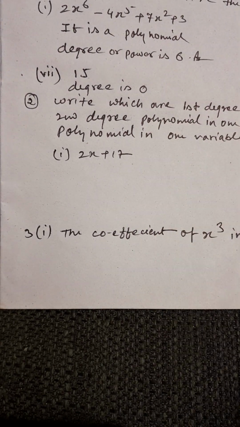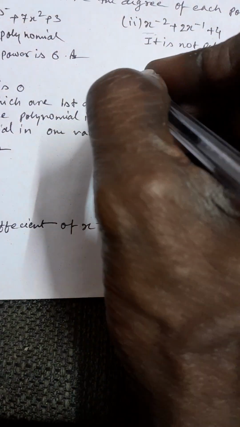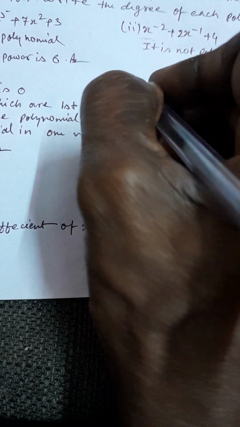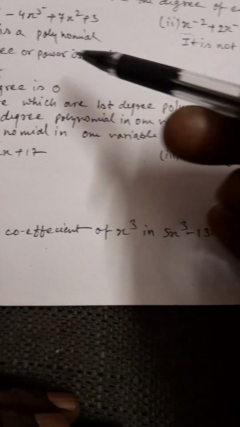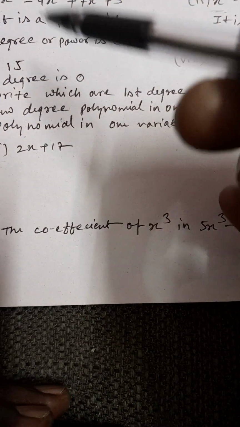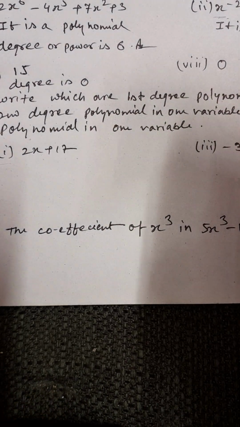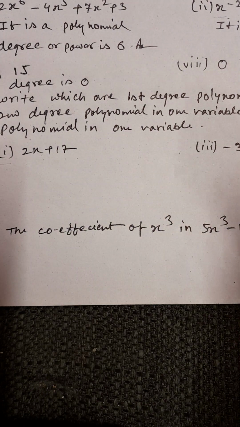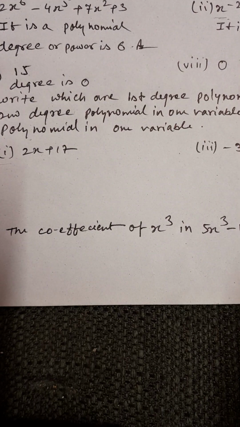In the same way, in question number 8, the number is given as 0. So we can say that it is a polynomial, because polynomials should be in terms separated by positive or negative signs.